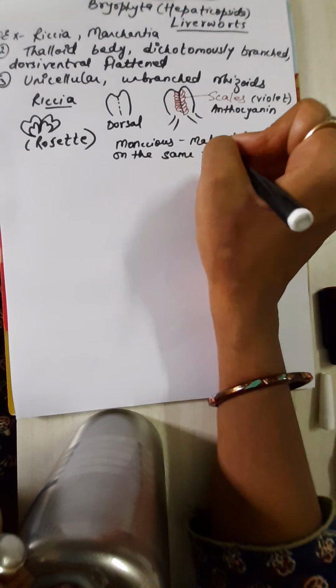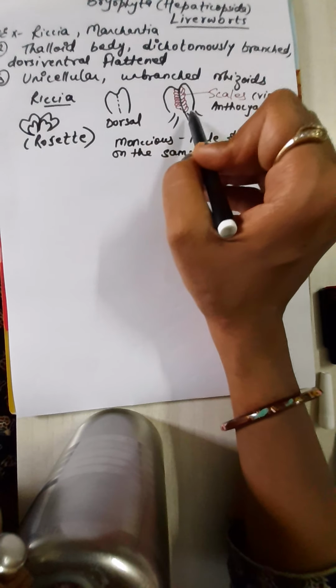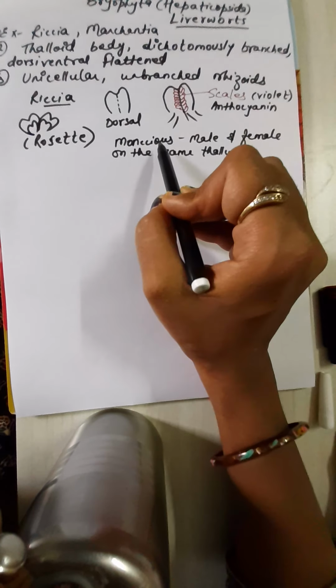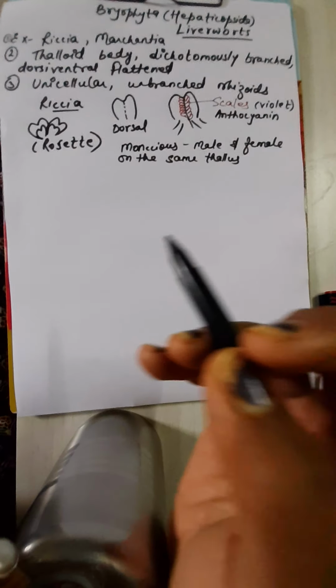Here it also has grooves. It is the dorsal side, on the ventral side there are scales, violet color. It is monoecious, means male and female on the same thallus. It forms a rosette look.